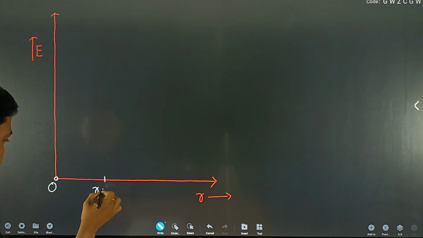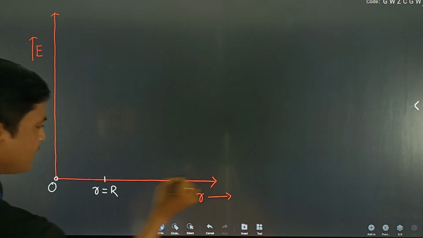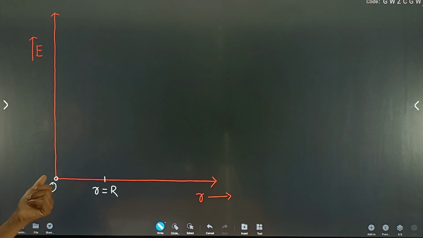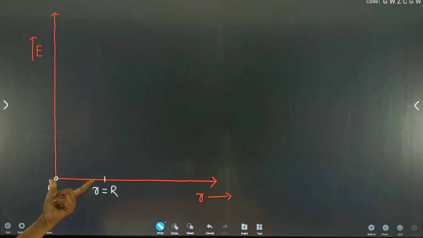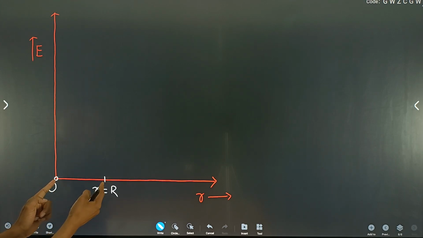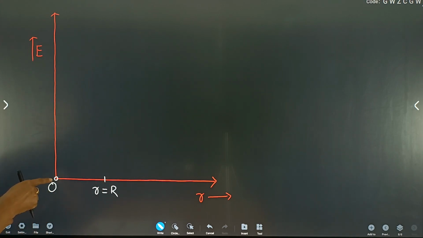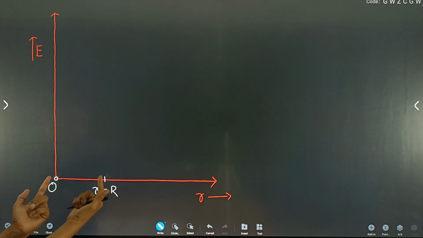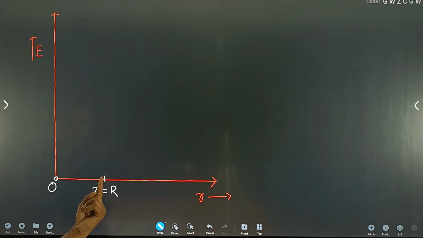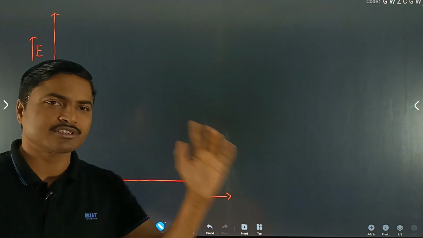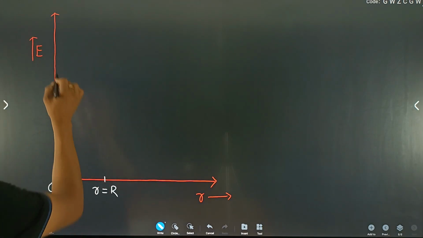Suppose at this point small r is equal to capital R, means this is on the surface, and this is outside the surface. This region between the center and the surface is the case of inside. This point is on the thin spherical shell, and this is the outside of the thin spherical shell.